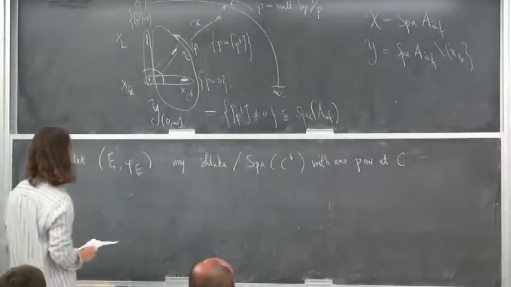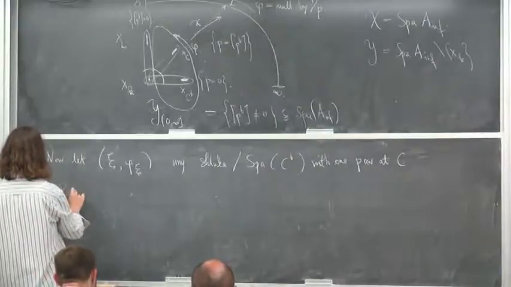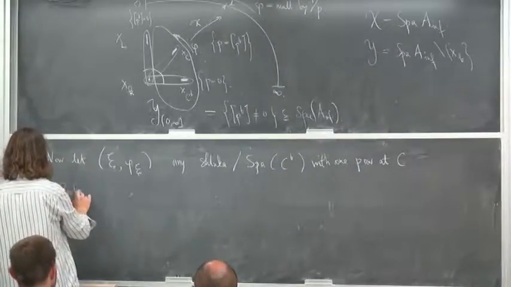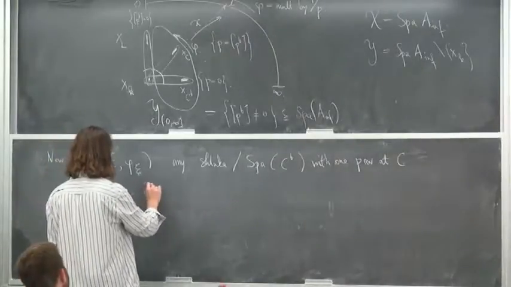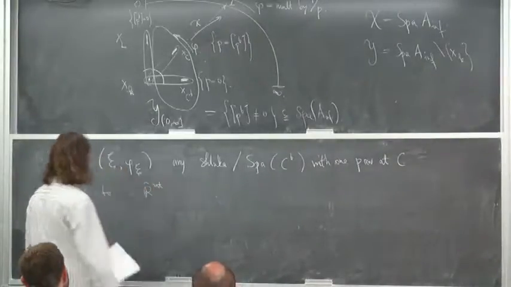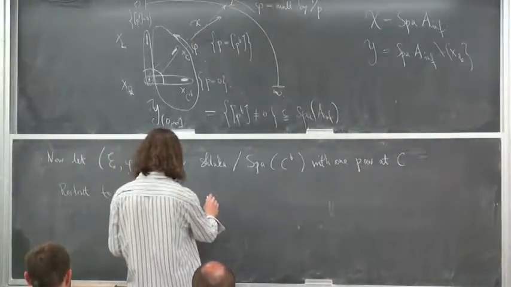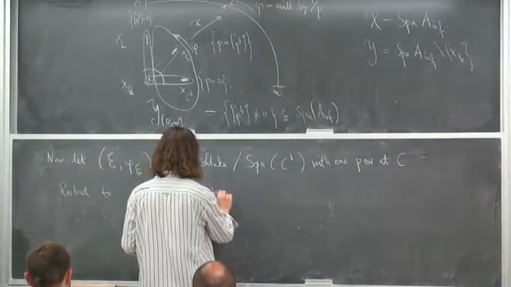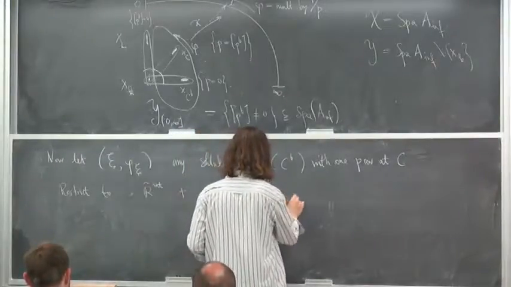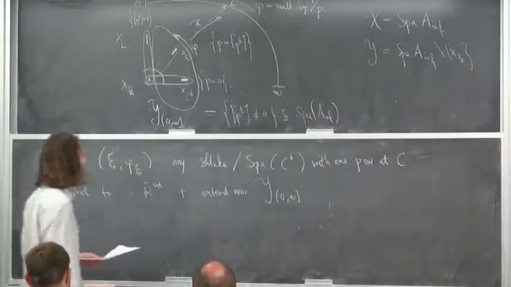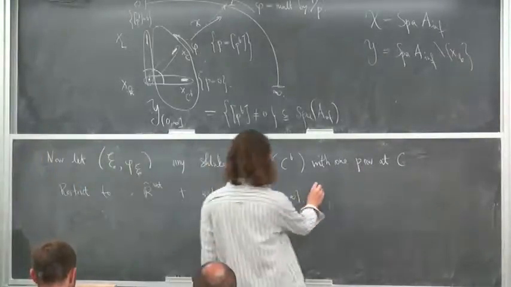And so this way you get a phi module over this integral Robba ring. So restrict to, and then we can extend to a new phi module over this whole guy again.